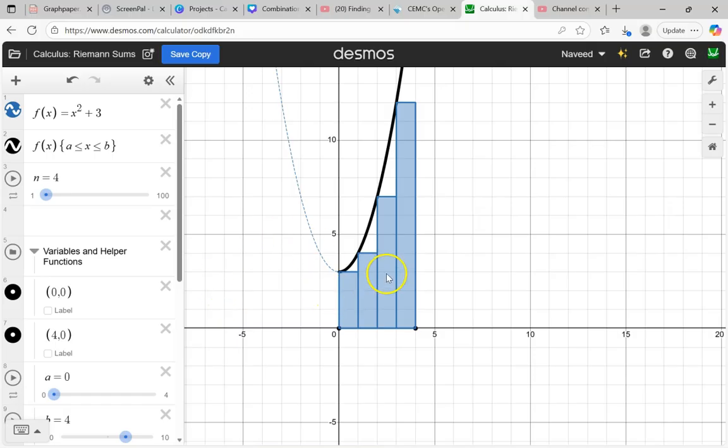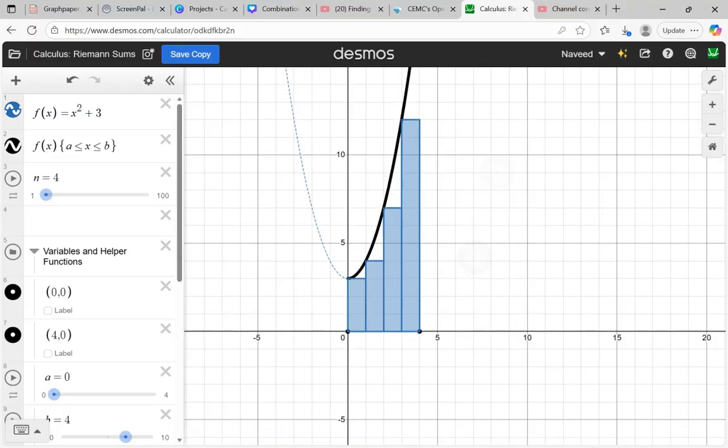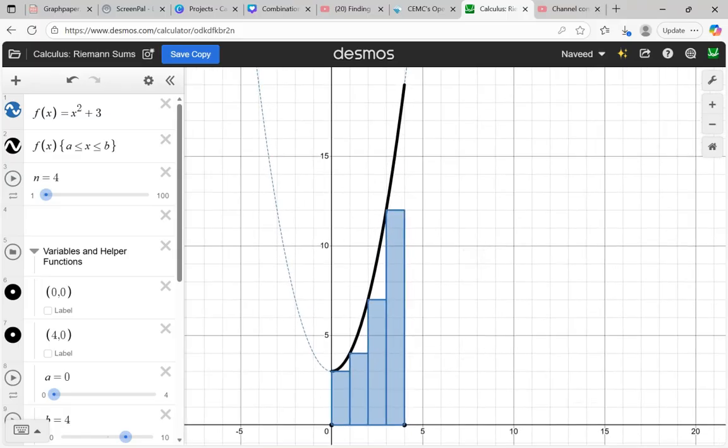Now, this is 4. Notice how much of this graph is not shown, or the area under the curve is not being calculated. This area right here is not being calculated. So this is number 4 right there. All this almost triangle area right here is open, and that area is not being covered.